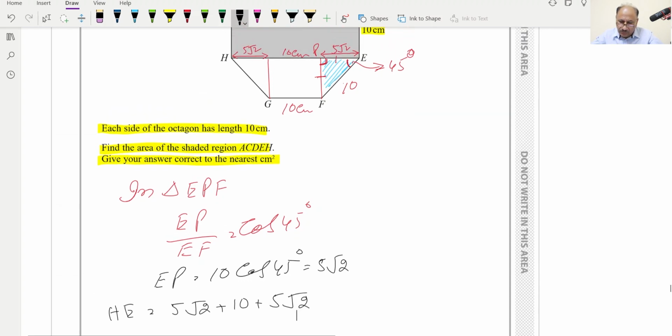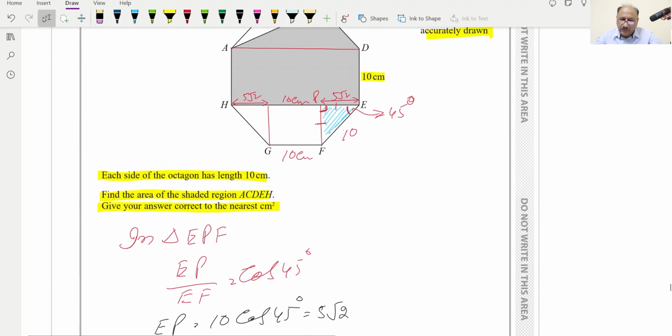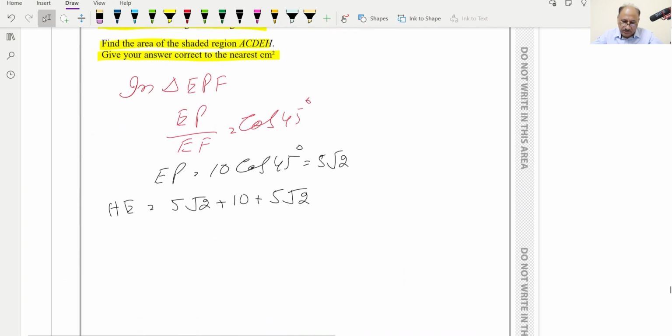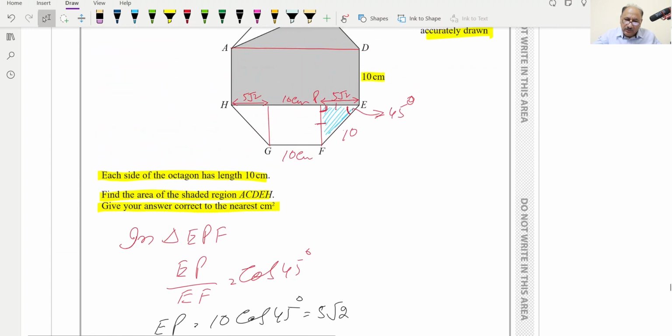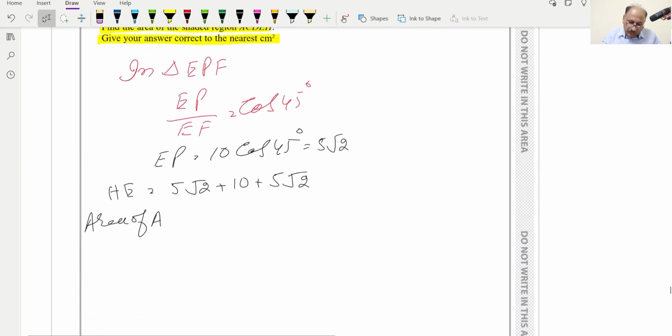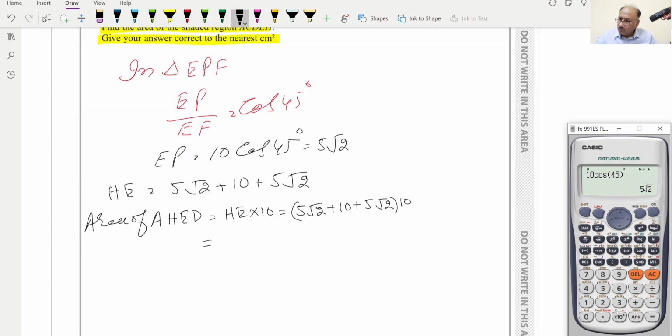This will be the length, and the area of rectangle AHED will be equal to HE multiplied by 10, which is 5 under root 2 plus 10 plus 5 under root 2, and this will be multiplied by 10, and this will be equal to what?